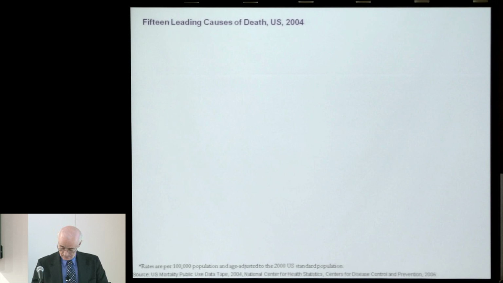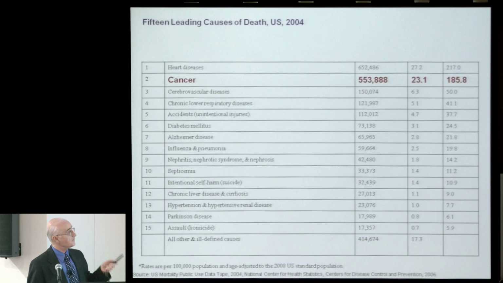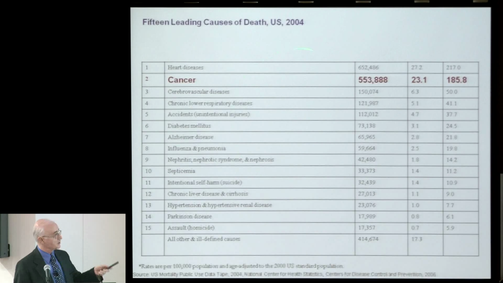You can see that among the top 15 causes of death in the world, cancer is the second. So you can see how deadly cancer is. First is heart disease, which causes the most mortality. But cancer is the second, and of course the list goes down to different types of diseases.